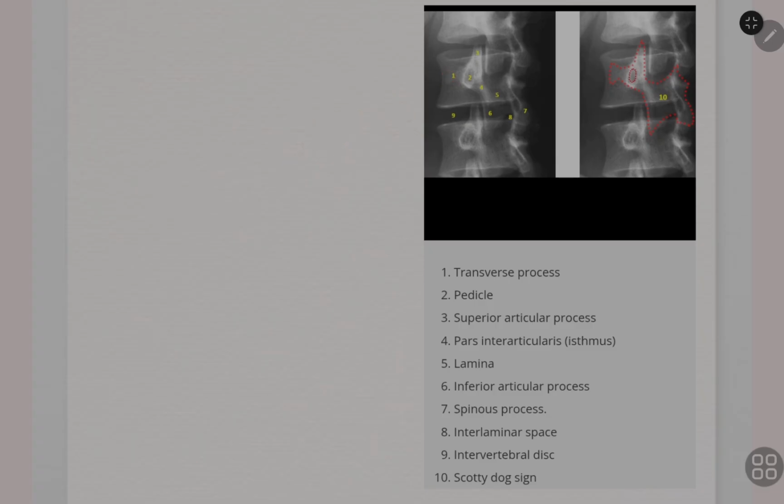I'm explaining in brief. First is your transverse process, second is your pedicle, third is your superior facet, sixth is your inferior facet. The one connecting the superior and inferior facet is what? Pars interarticularis. Fifth is the lamina, seventh is your spinous process projecting posteriorly, eighth is the interlaminar space, and ninth is the intervertebral disc, and this gives you the appearance of a dog.